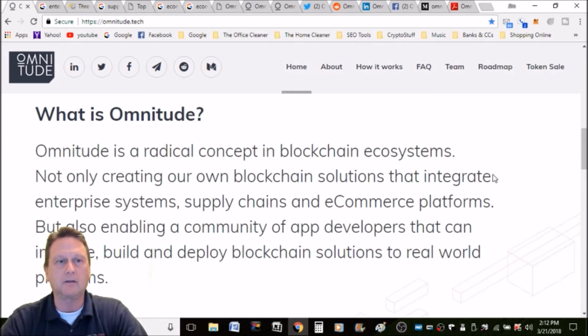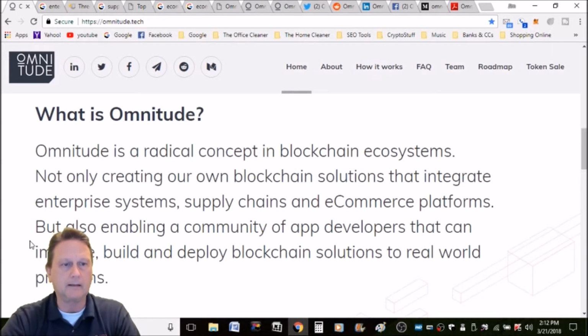So businesses won't have to change their software or uproot all their processes. They'll just be able to seamlessly go on to the Omnitude platform and get into the Omnitude ecosystem and be able to participate and transact in this whole project. So that's all that means.